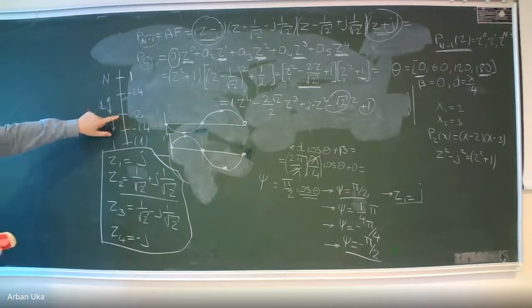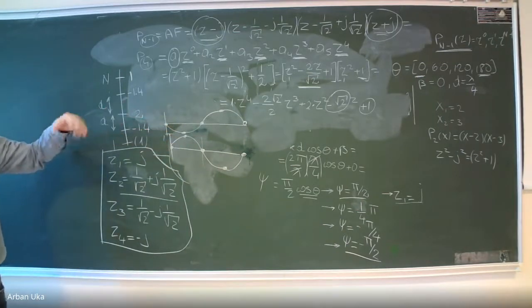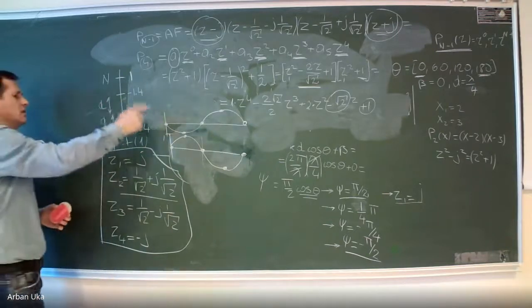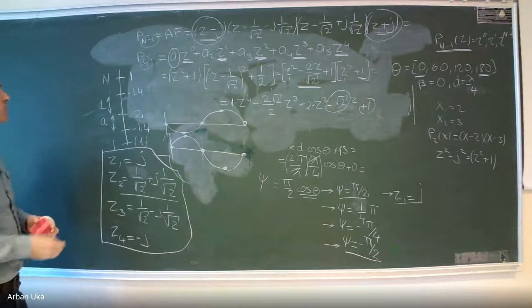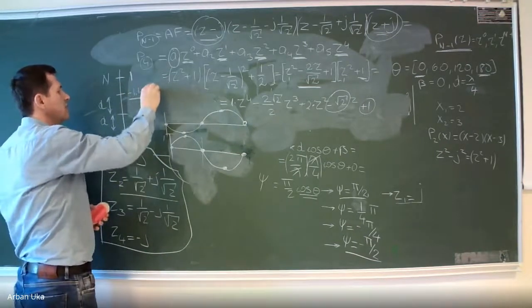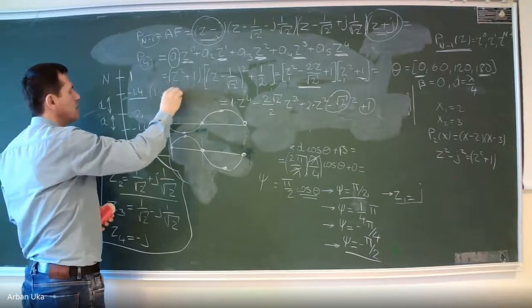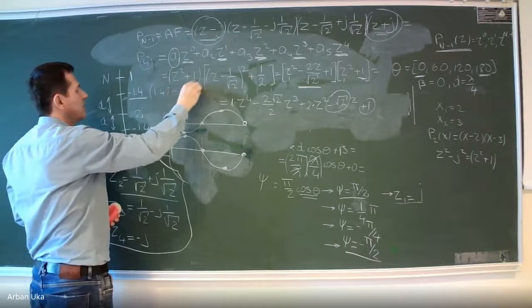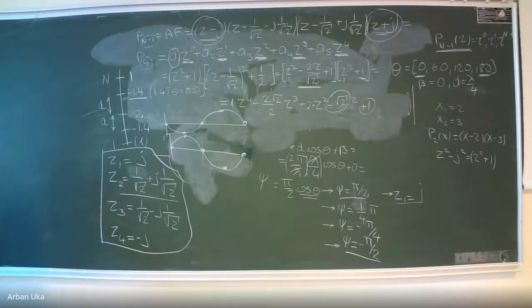This component will be in phase with this one, but with twice the amplitude. This one will be similar to this, and this one similar to this. So this minus 1.4 you can also write this way: this is 1.4, but the phase angle theta is 180 degrees. So it's the same way of representing.